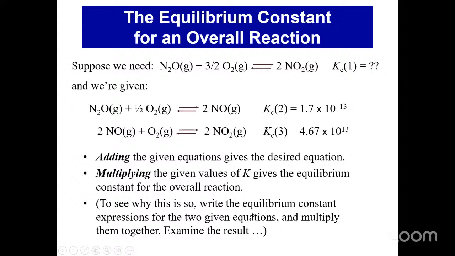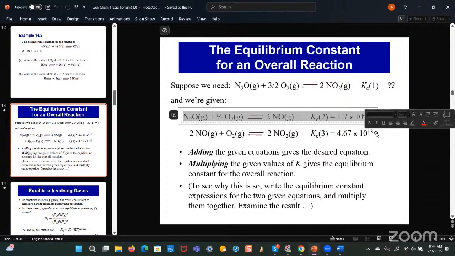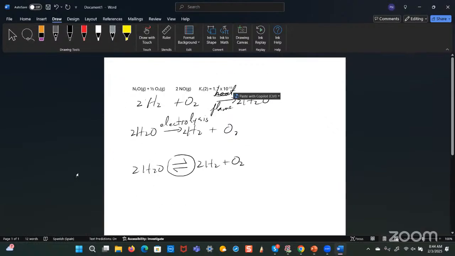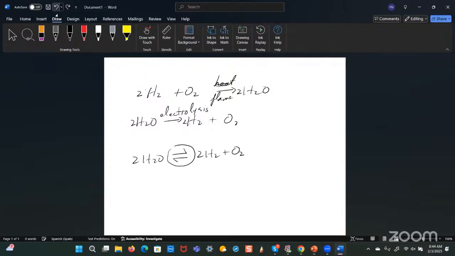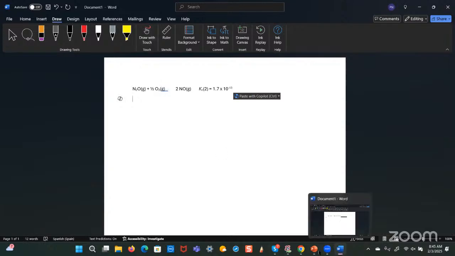In fact, let me do this separately. Let me copy this and put it here. So that's one equation, and then the other equation is this.